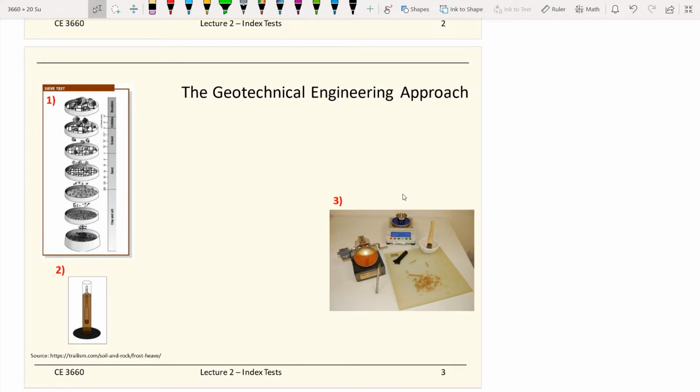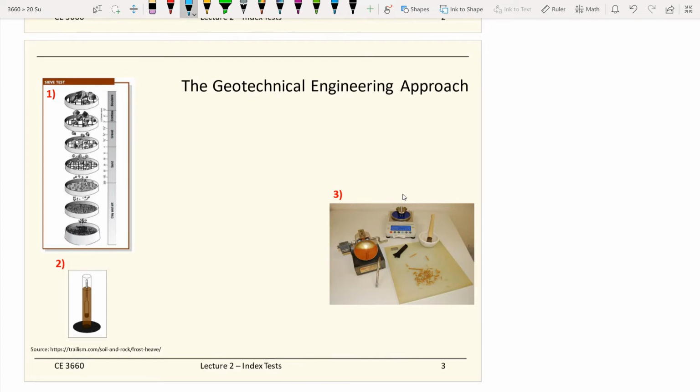In order to do our geotechnical soil classifications, we need to understand geotechnical lab testing, because that is the approach for us to do soil classifications. So this lecture introduces you to three different lab tests for soil classifications.